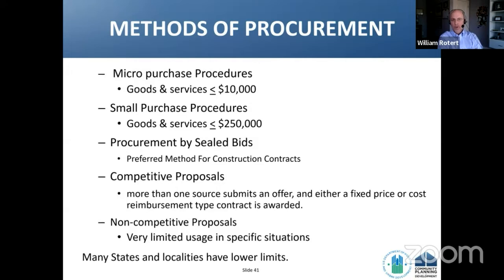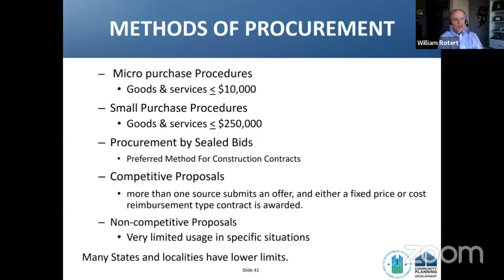For small purchases, that amount is now $250,000. So you can qualify as a small purchase. And again, the requirements for a small purchase are far less prescriptive than for the other categories of purchases and procurement that we're going to talk about.